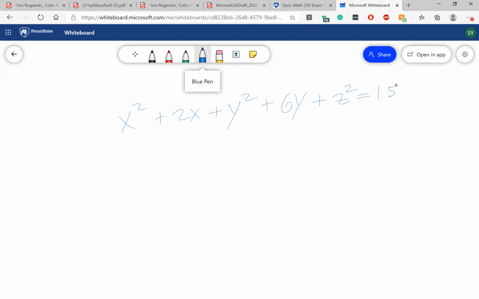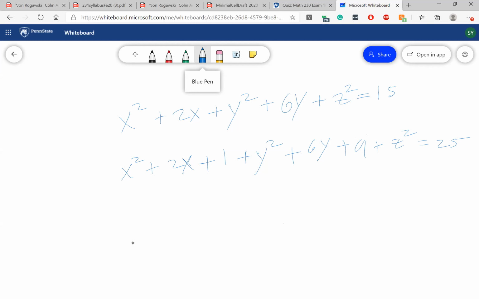So we're going to have x squared plus 2x plus 1 plus y squared plus 6y plus 9 plus z squared is equal to 25.